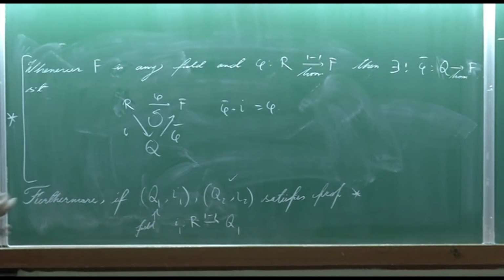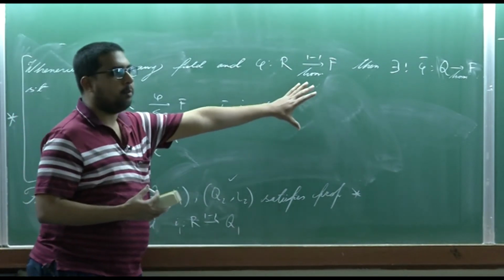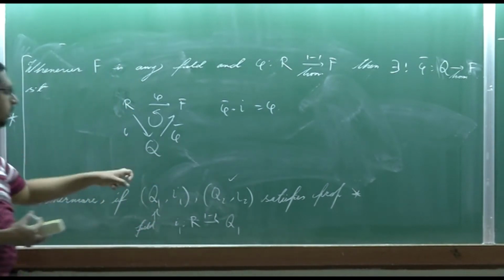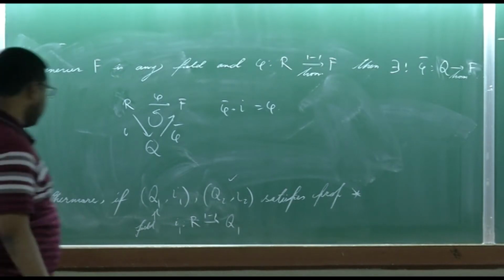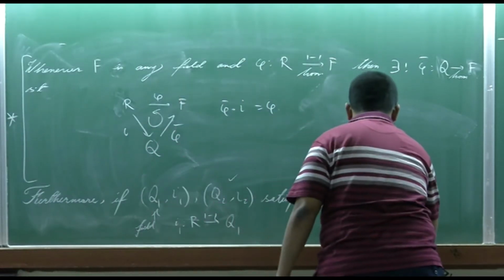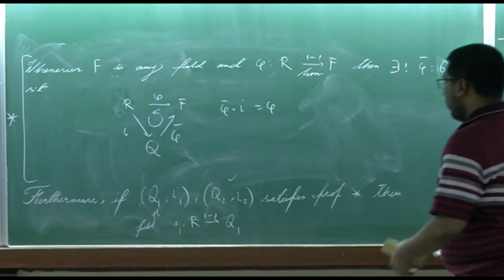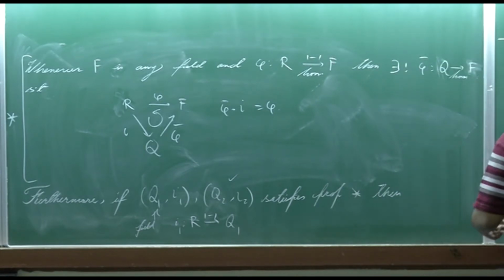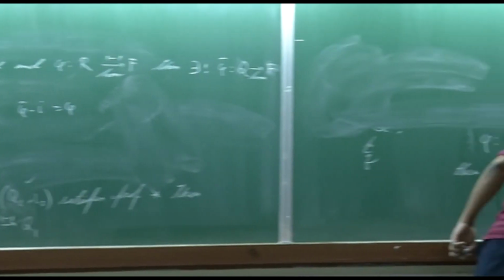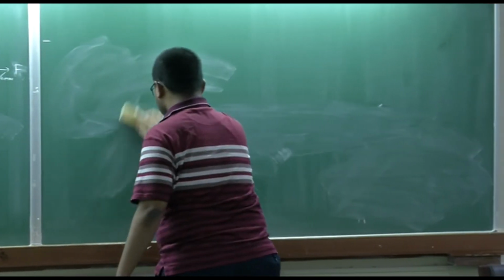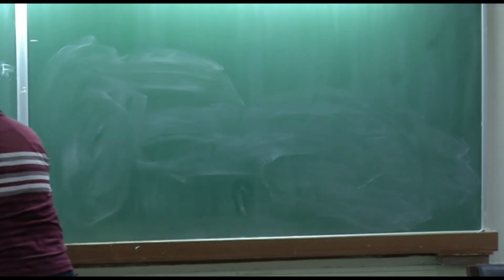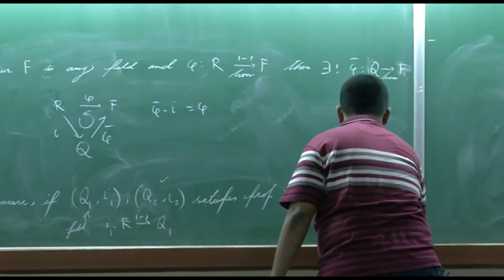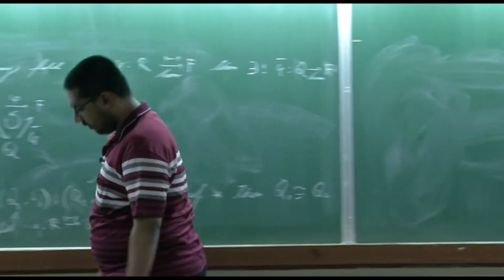So, if we have two pairs Q1, I1 and Q2, I2, both satisfying this property star, with Q replaced by Q1 and Q2 accordingly, then I say, let me simply put it, that Q1 must be isomorphic to Q2.